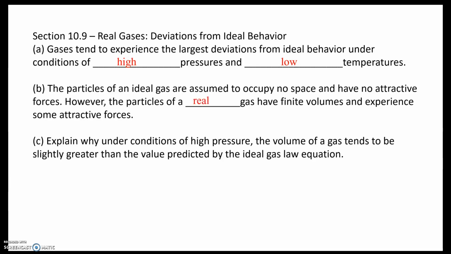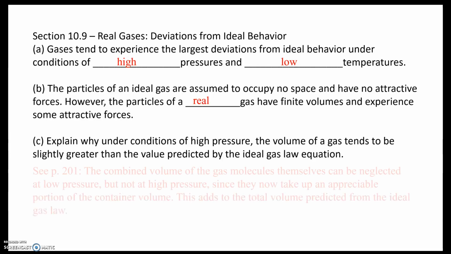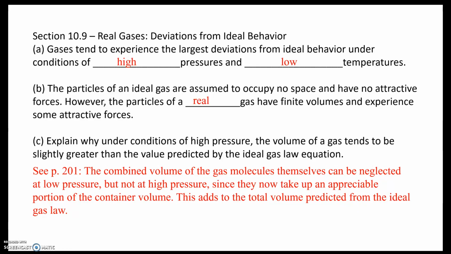However, the particles of a real gas have finite volumes and they do experience some attractive forces. So we want to explain why under conditions of high pressure, the volume of a gas tends to be greater than what we would predict. Well, you can see all this on page 201 in your book.